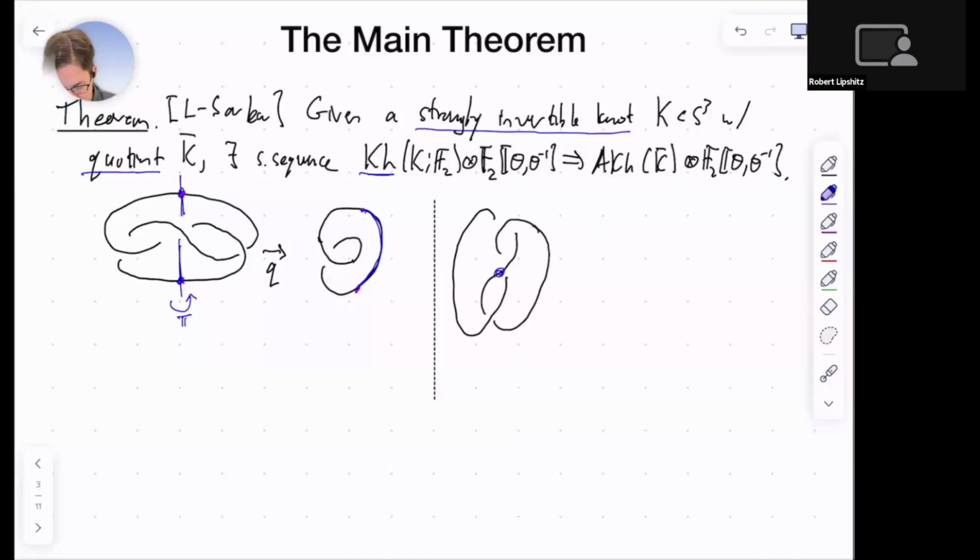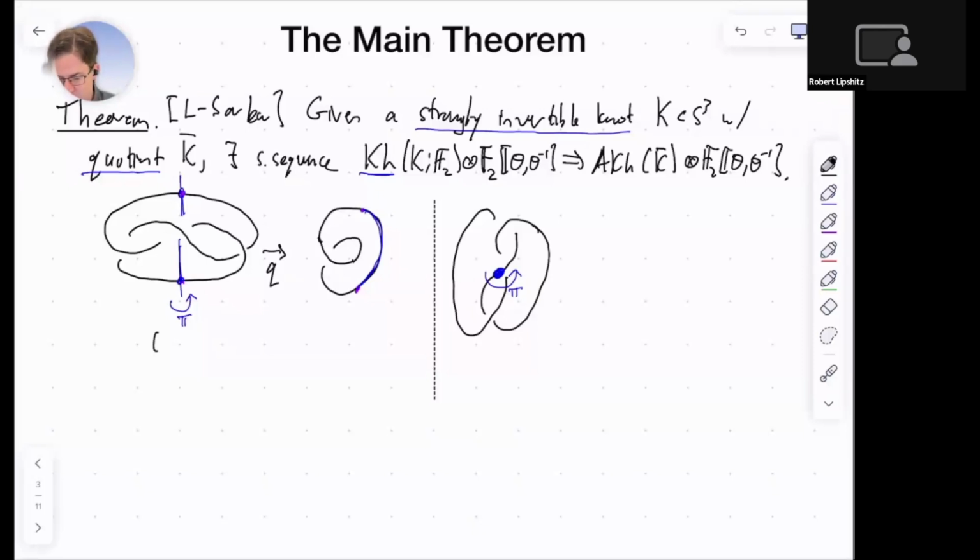But now think about the axis as a vertical line coming out of the page where I put this dot. The action is now rotation by pi in the page around the axis, and that's another view of the same knot.